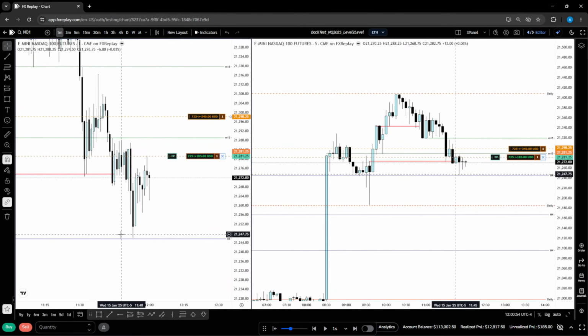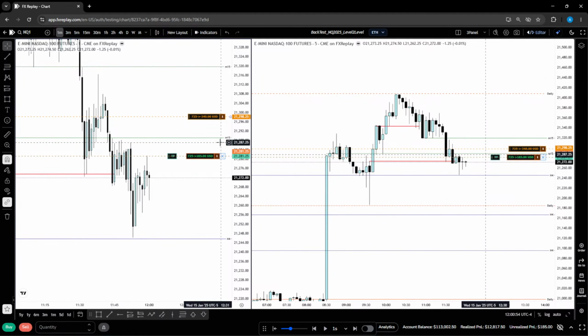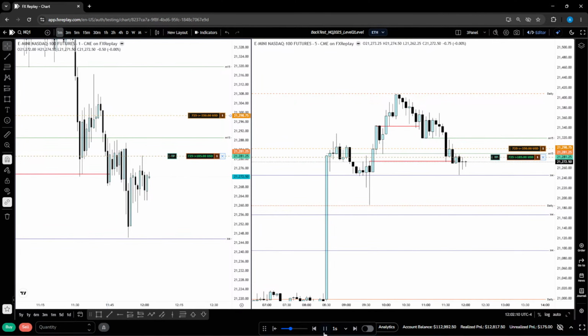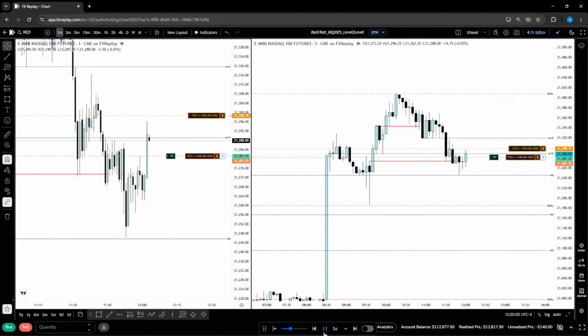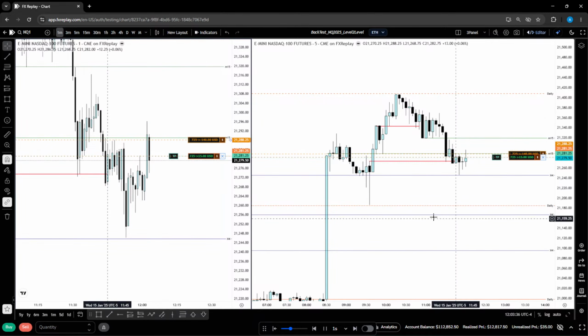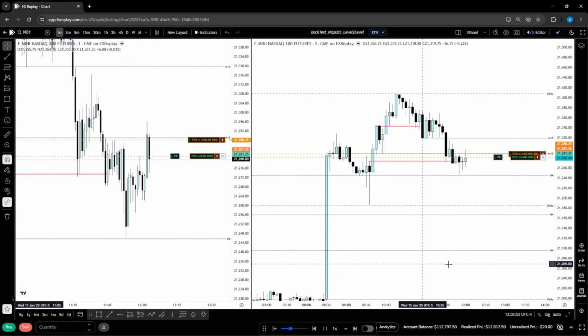It doesn't look like it wants to go lower than this for now, but I'll close it if I go above the 15 minutes. Yep. So we shouldn't go above here anymore because we took these lows, these highs.